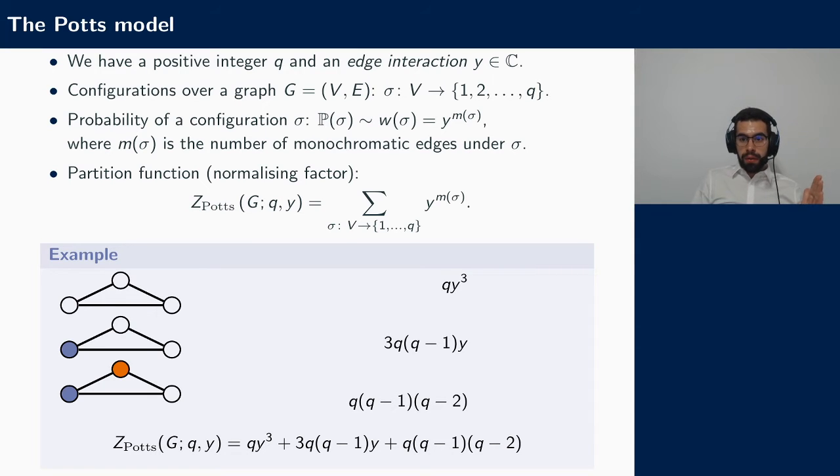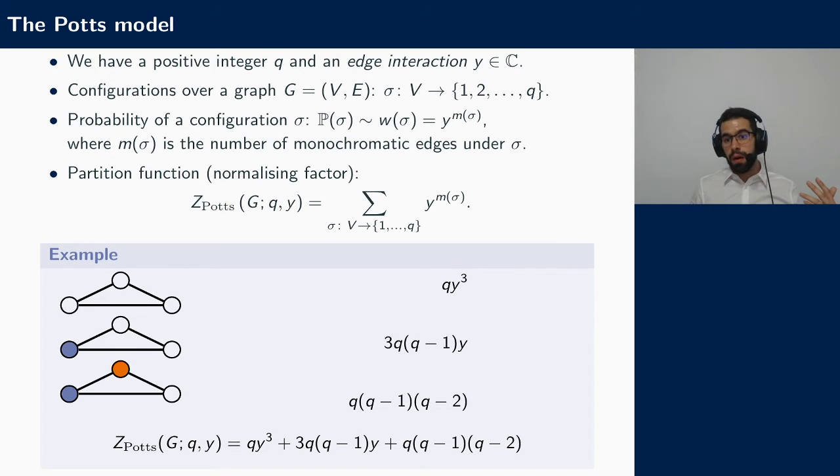Maybe let's go quickly through this example. Here we have a graph with three vertices, and we want to compute the partition function of the Potts model for this graph. Really there are three types of q-colorings here. Those that assign the same color to every vertex, and thus they have three monochromatic edges and contribute y cubed to the partition function.